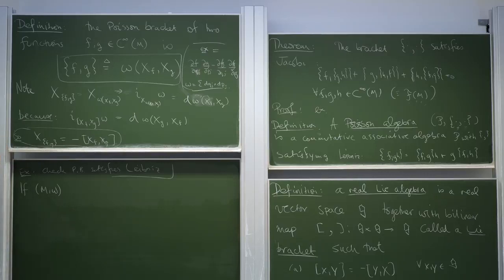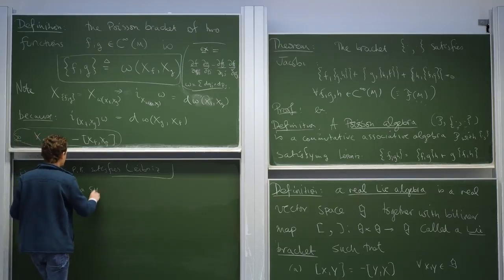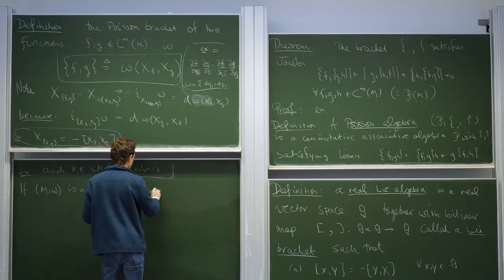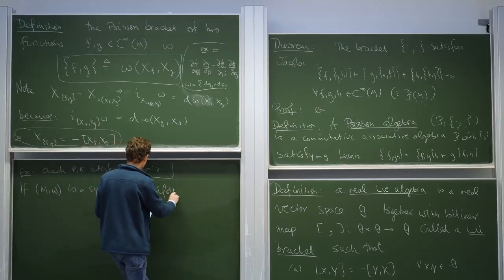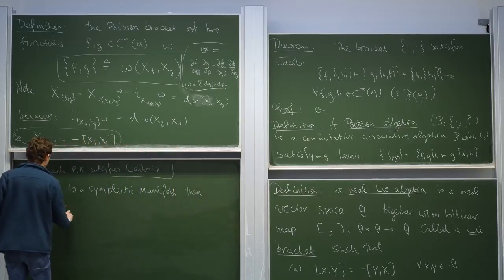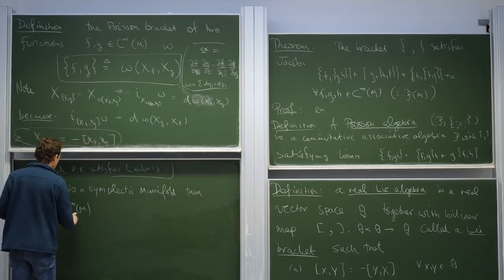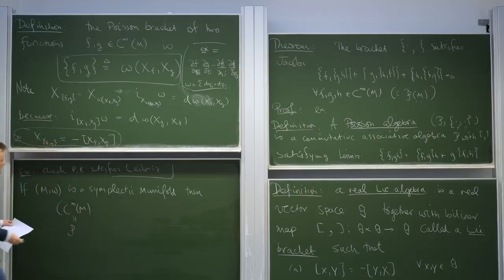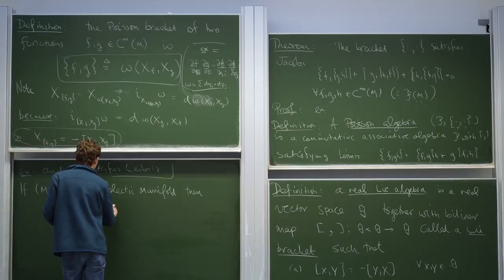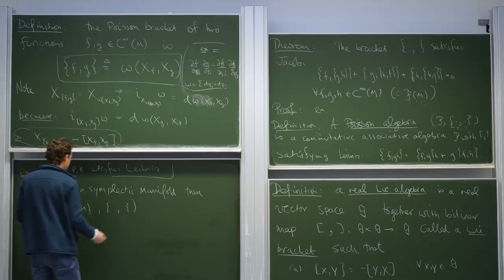So what we get is a ready supply of Poisson algebras from symplectic manifolds. Where do we get our Poisson algebras from? Well, you take as P the commutative associative algebra given by smooth functions on the manifold, and as the Poisson bracket the one we defined.